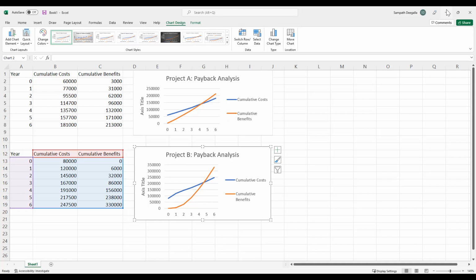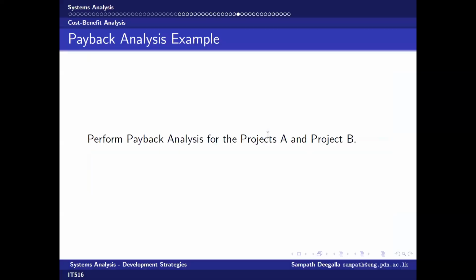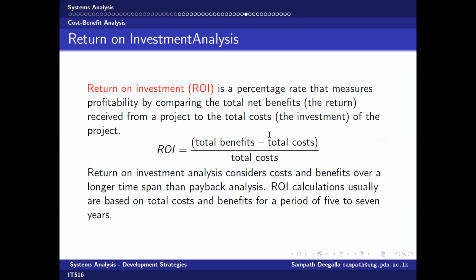So the next analysis is actually called return on investment analysis. Now, this one is based on the total benefits and the total costs, right? So this is defined as total benefits minus total costs divided by total costs, right?